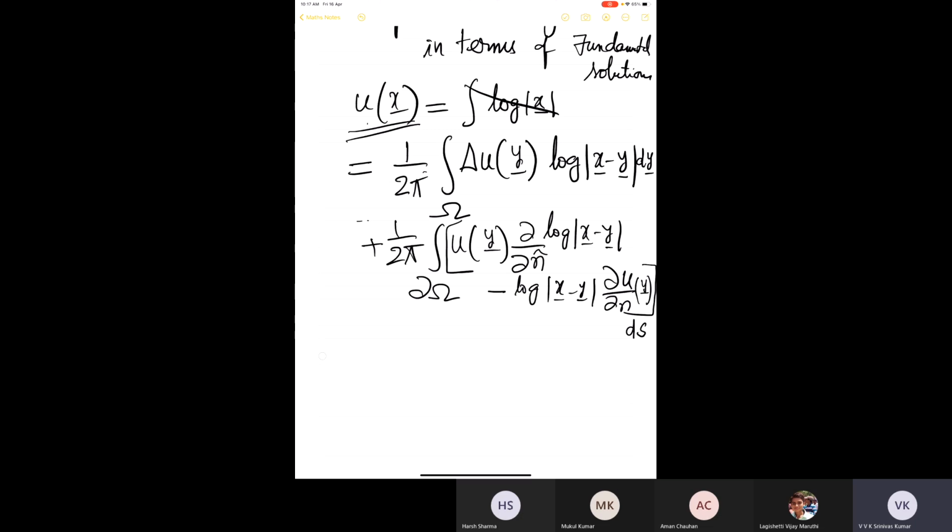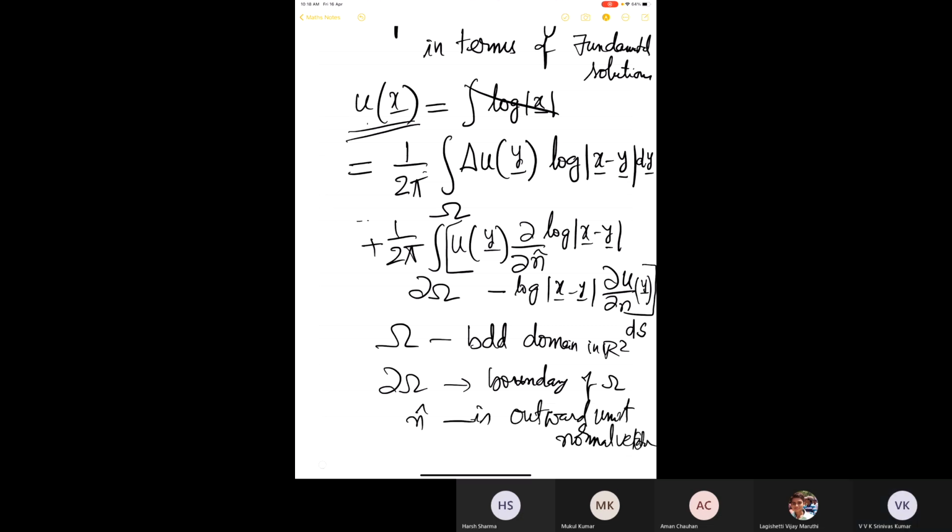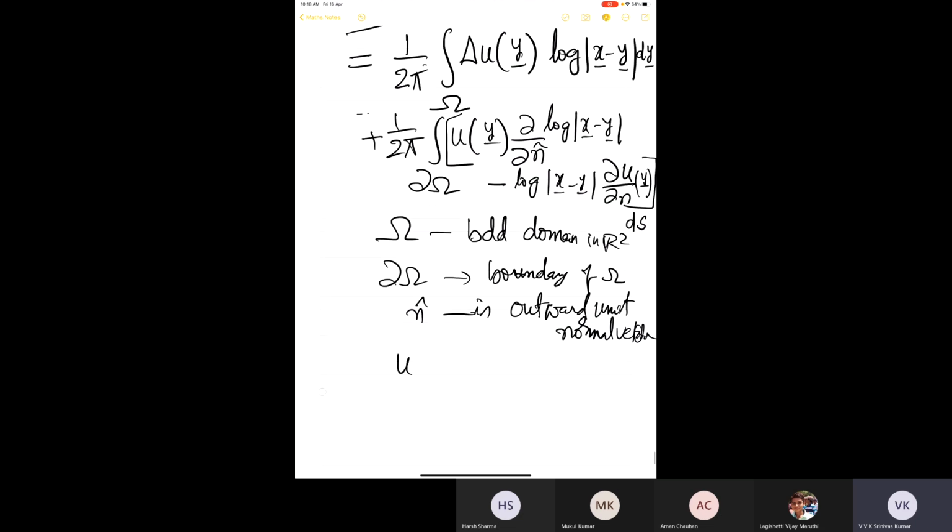What is the exact statement? What is the hypothesis? Omega is a bounded domain in R2, n cap is the outward unit normal on the boundary of omega, and u is any function in C2 of omega bar.